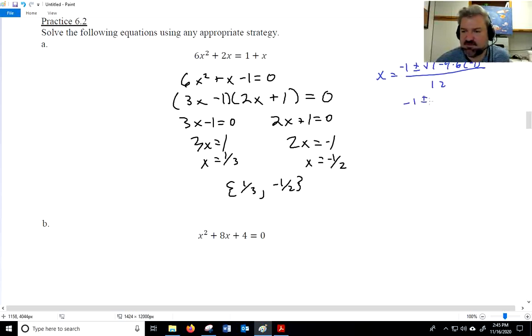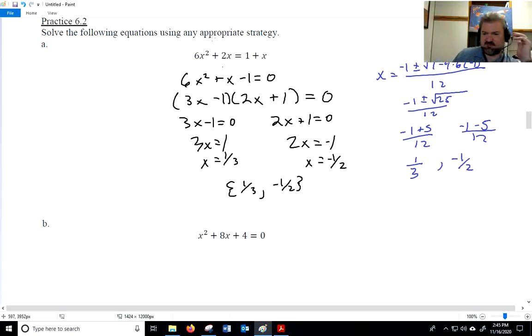That's 25. So I have a negative 1 plus the square root of 25, which is 5, over 12, and a negative 1 minus, because it's plus or minus, the square root over 12. So that becomes 4 over 12, which reduces to 1/3. That becomes a negative 6 over 12, which reduces to a negative 1/2. And that's how that would work there.